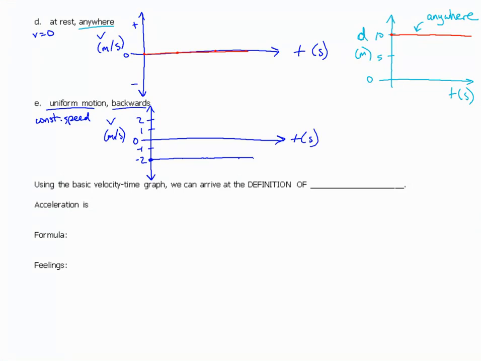Using the basic velocity time graph, we can arrive at a new physics definition. This is the definition of acceleration. I'm going to write the definition here.